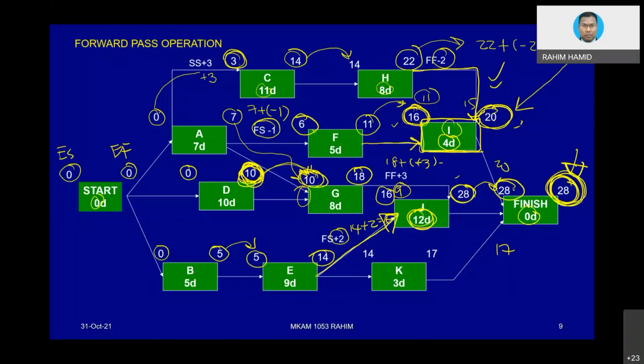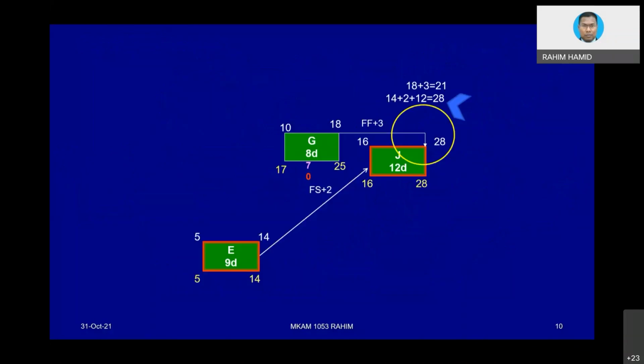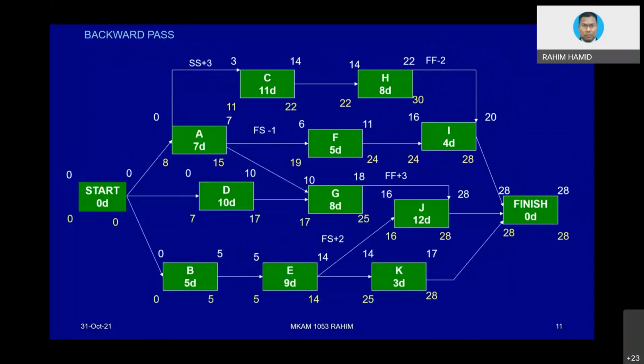Now next we are going into the backward pass. Backward pass again. This is the last value that we get, so we copy it into here. Within the box, 28 minus 0 equivalent to 28.